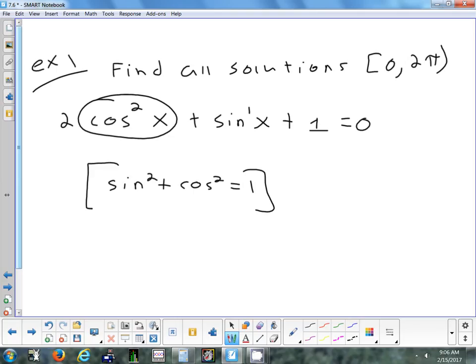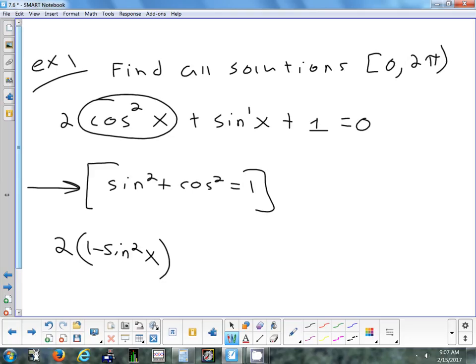And here's my hint. That's a Pythagorean identity. Sine squared plus cosine squared equals 1. So what I just circled, I want to replace cosine squared. Using this identity, what is cosine squared equal to? 1 minus sine squared.